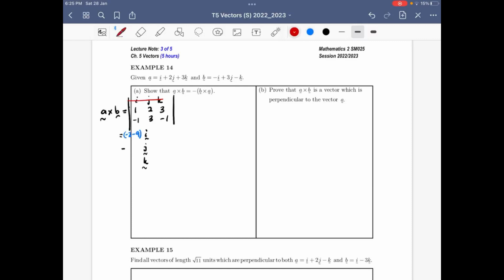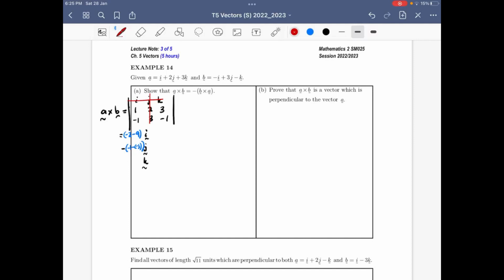Okay, if you close the i part, right? Negative 2 minus 9i. And then, if you close j, you get negative 1 minus negative 3, right? Negative 1 minus negative 3. And then plus 3k. Okay, negative 1 minus negative 3.